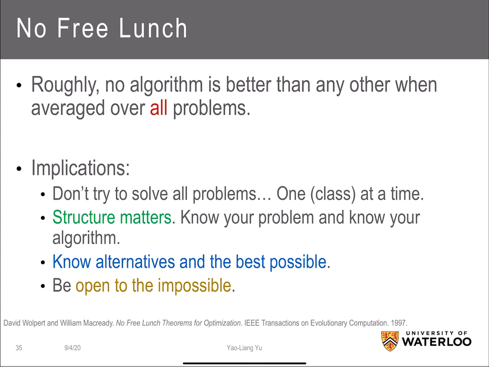And also, last but not least, you should always try to be open to the impossible, because behind every theorem or every statement, there's an assumption, right? Maybe that assumption makes sense for your problem, maybe it does not. You need to decide when it makes sense and when it does not, and when it does not, maybe you can do the impossible by breaking the assumption.